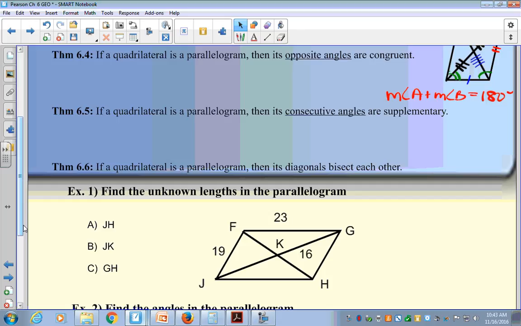So if I have this shape here, and I want to find JH, JH is congruent to FG. And so JH is equal to FG, which is equal to 23.